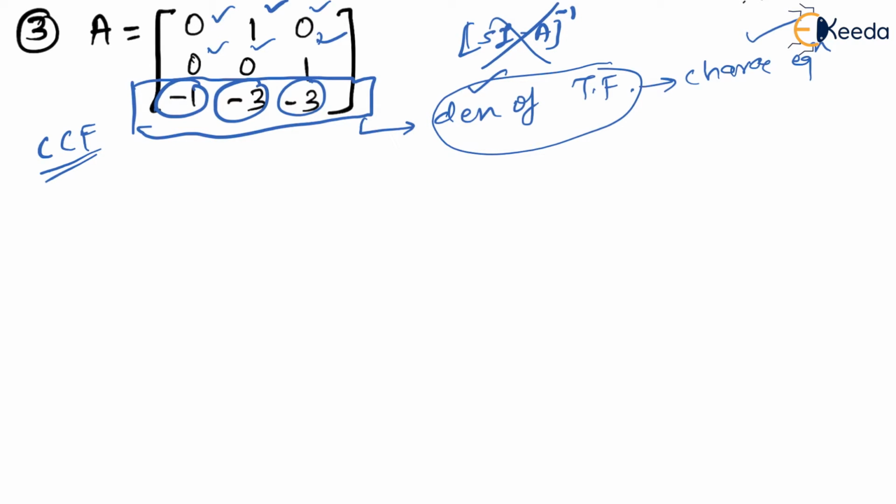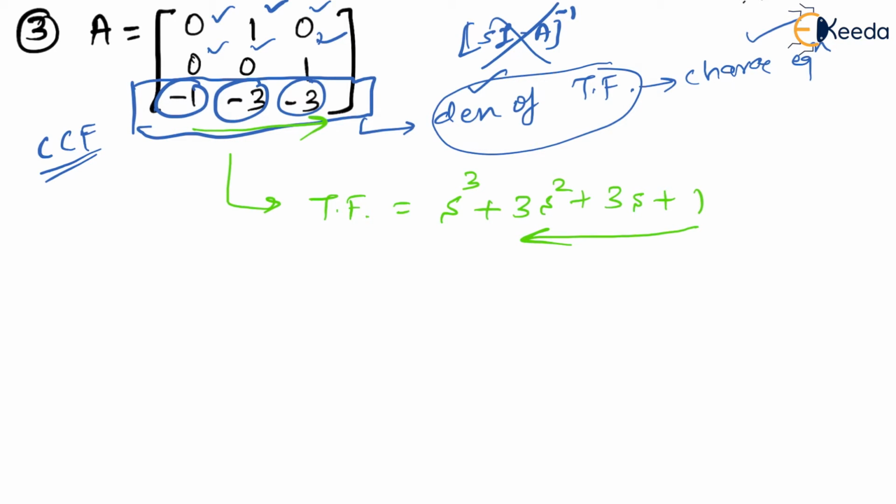So now we have to go in the reverse order. What will be the polynomial here? It is going to be s cube plus 3s squared plus 3s plus 1. How do you know that? You just go in the reverse way and write it with a negative sign, which means this minus 1 becomes 1, this minus 3 becomes 3, and this minus 3 becomes 3.